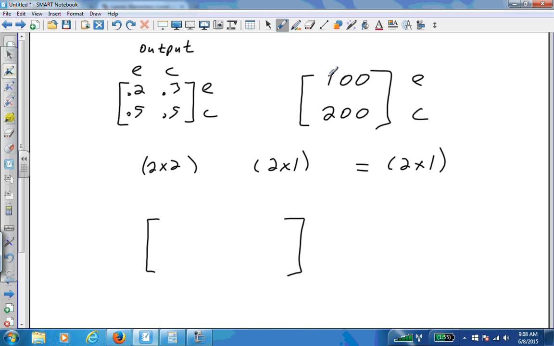Row times column, 0.2 times 100, 20. 0.3 times 200, that's 60. So that's how much electricity is needed to produce this amount of electricity.